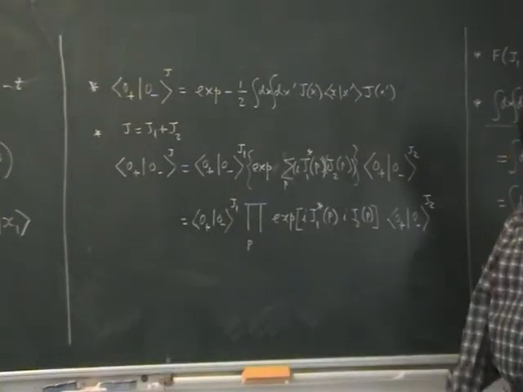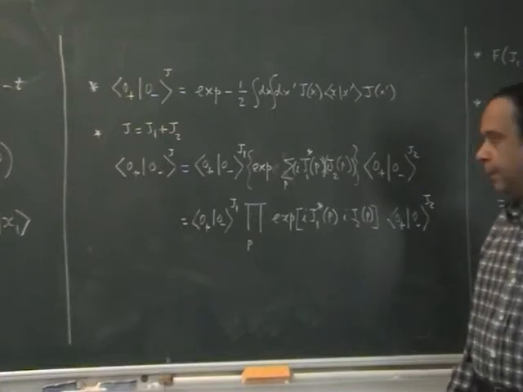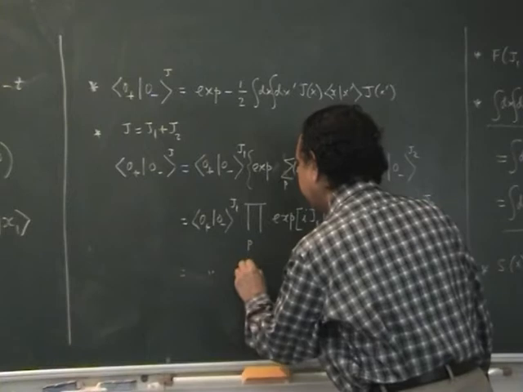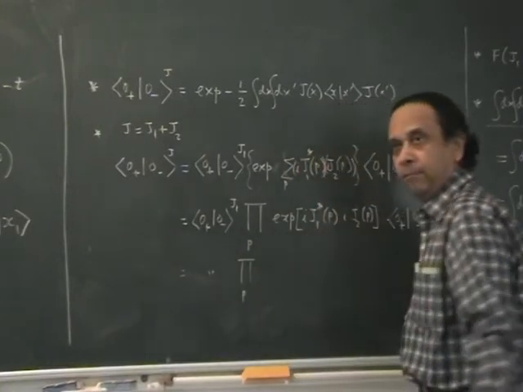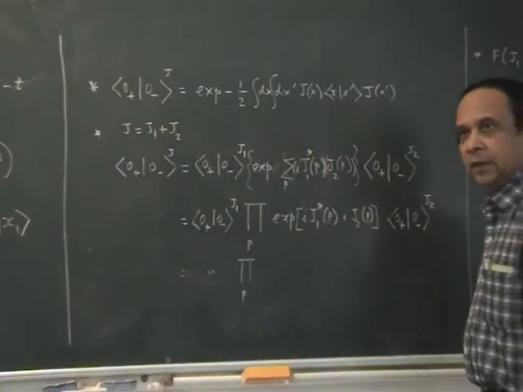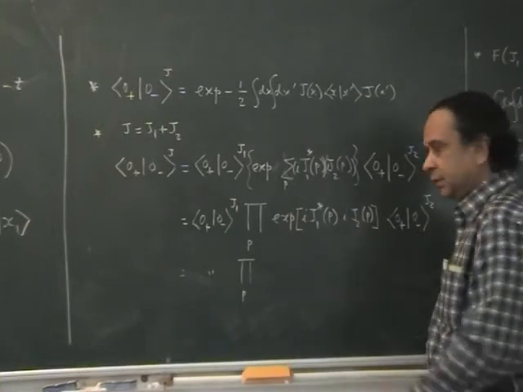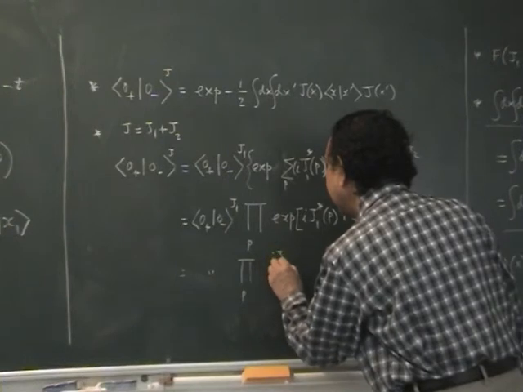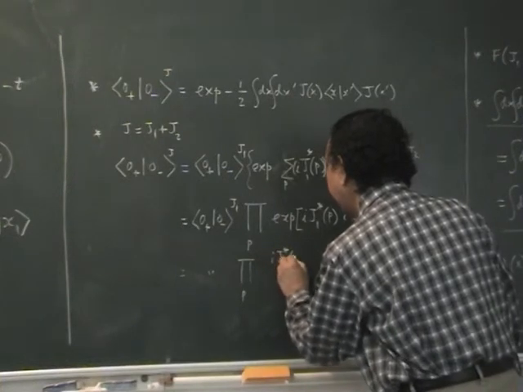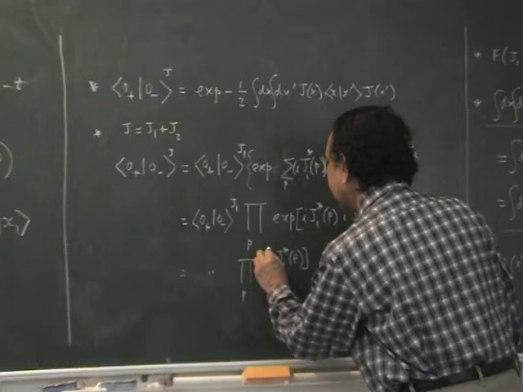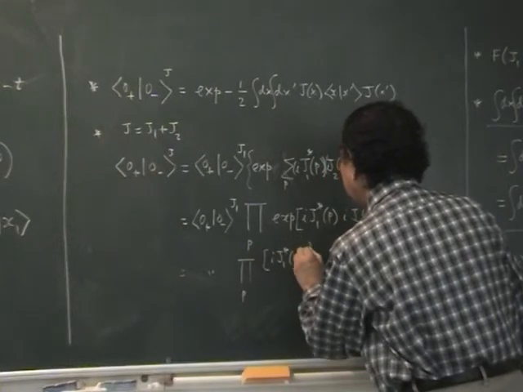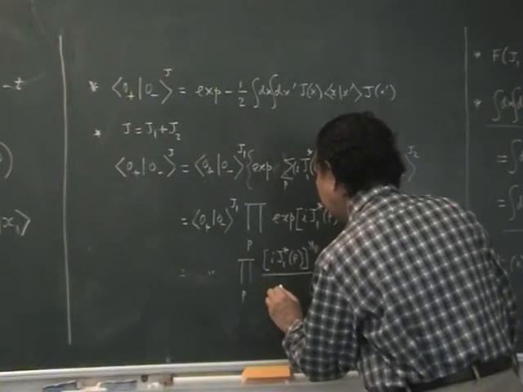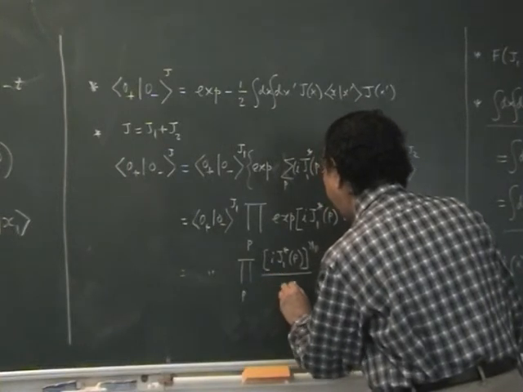Now you expand your exponentials. So this will become the same thing, product over P. For a given P, there are two exponentials here. These are all C numbers. So first exponential will give you I J1 star of P to the power, let us say some NP, upon square root of NP factorial.